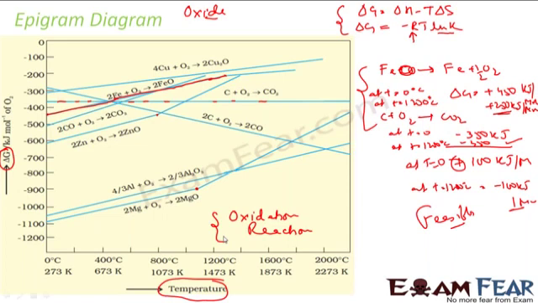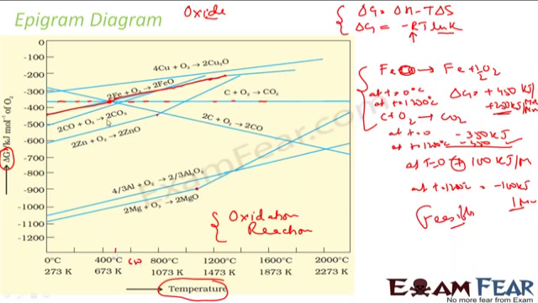Thus, this Ellingham diagram helps us to tell which combination is feasible and at what temperature. It is actually nothing but the intersection of these two lines. For example, in this case, iron to iron oxide and carbon to carbon monoxide, these two lines intersect at this point, which is almost 500 degrees Celsius.